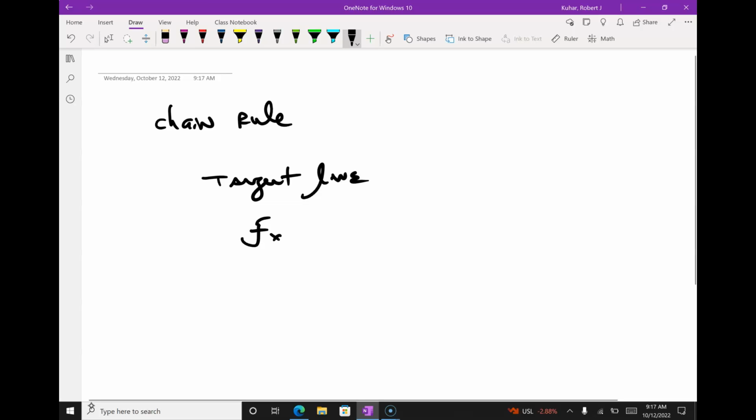So I'll say f of x is equal to x square roots of 1 minus 2x. So I need a derivative to get the tangent line there. So that's a product rule, and if you look at the inside, you can see it's also a chain rule. Remember, you're always thinking chain rule from now on.